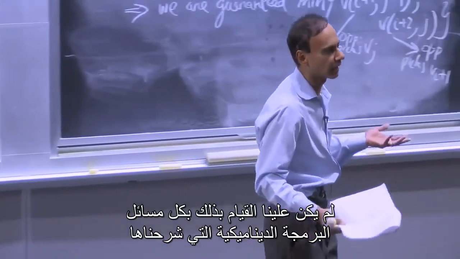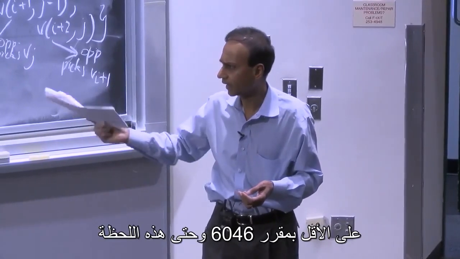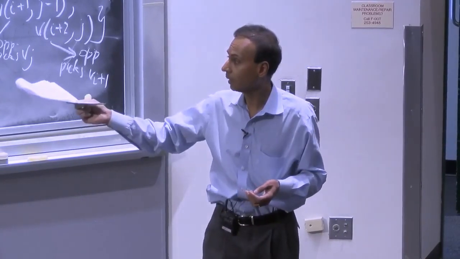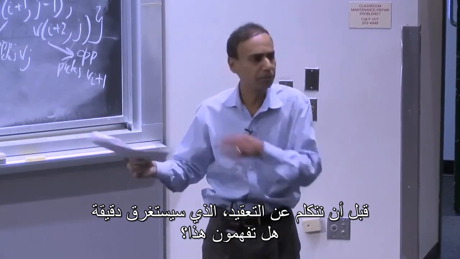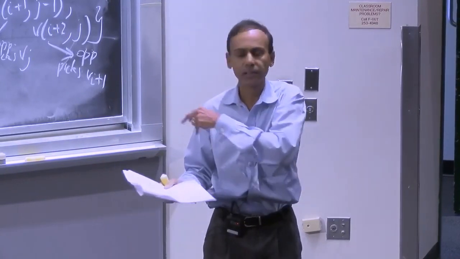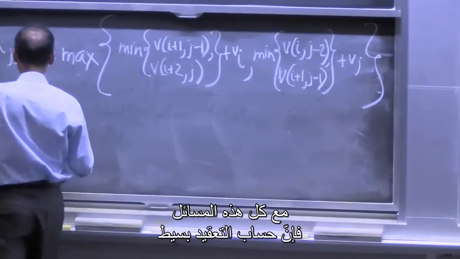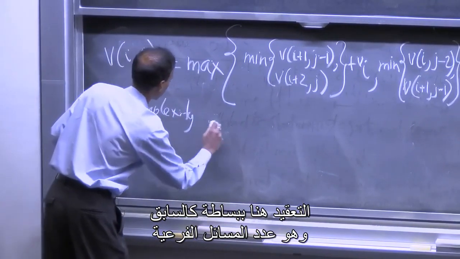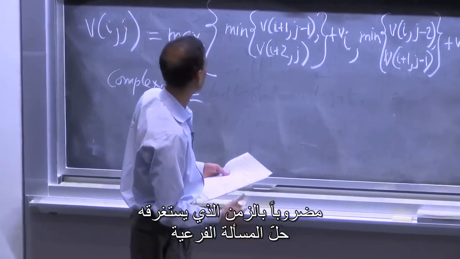Okay? So the big difference here was the modeling that you had to do in the middle. We didn't actually have to do that in any of the DPs we've covered in 6.046 at least, up until this point. Before we talk about complexity, that should just take a minute. People buy that? See that? Good. So with all of these problems, the complexities are fairly straightforward to compute. The complexity here is simply, again, as before, the number of subproblems times the time it takes to solve a subproblem.